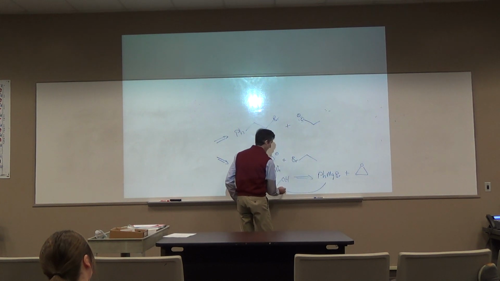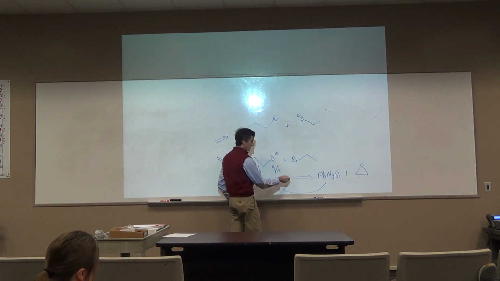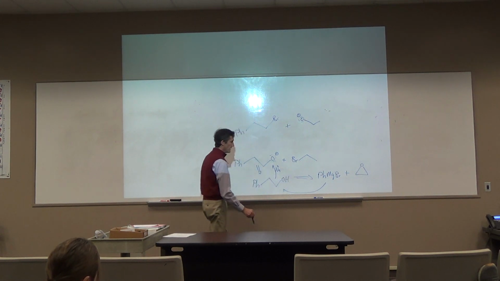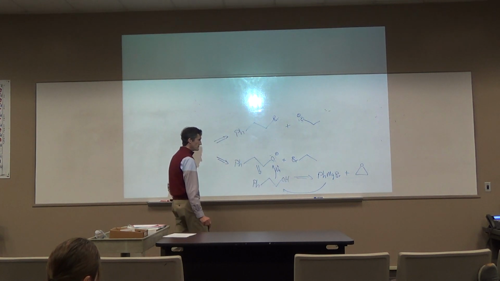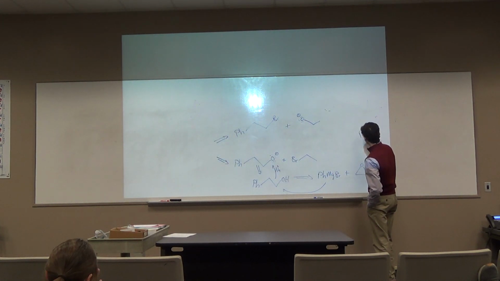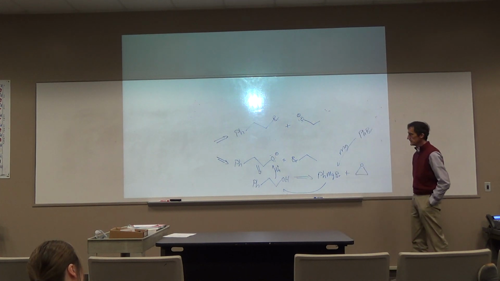Coming forward, if you want to put the proton on, you have to first react it, and then you have to work it up. So you have to indicate some appropriate workup. And at this point, how do you make phenyl magnesium bromide? Well, you can start with bromobenzene and react that with magnesium. At this point, you see how you just get there.